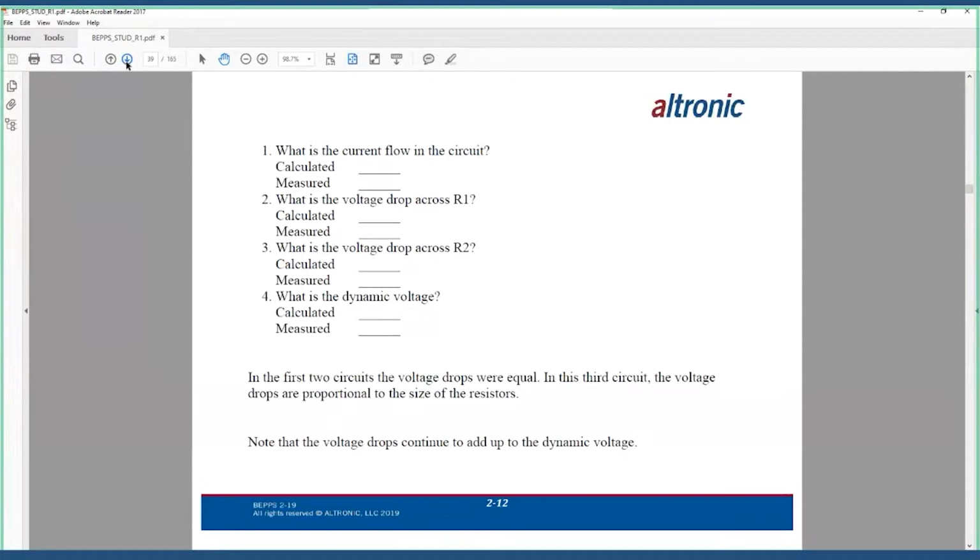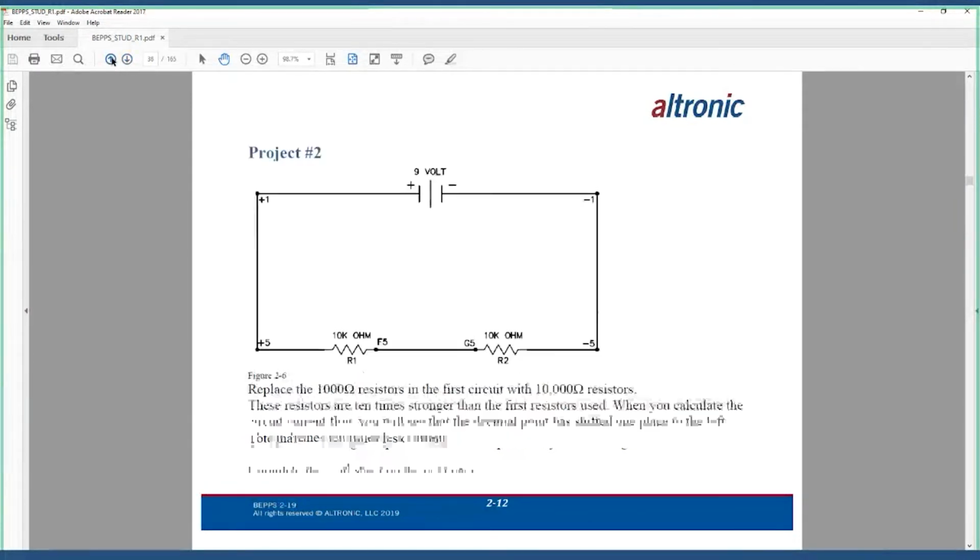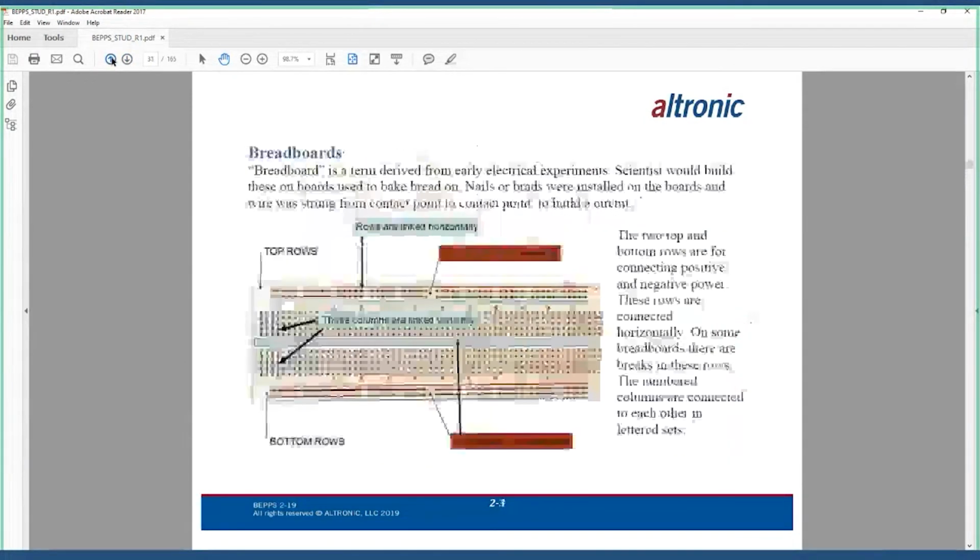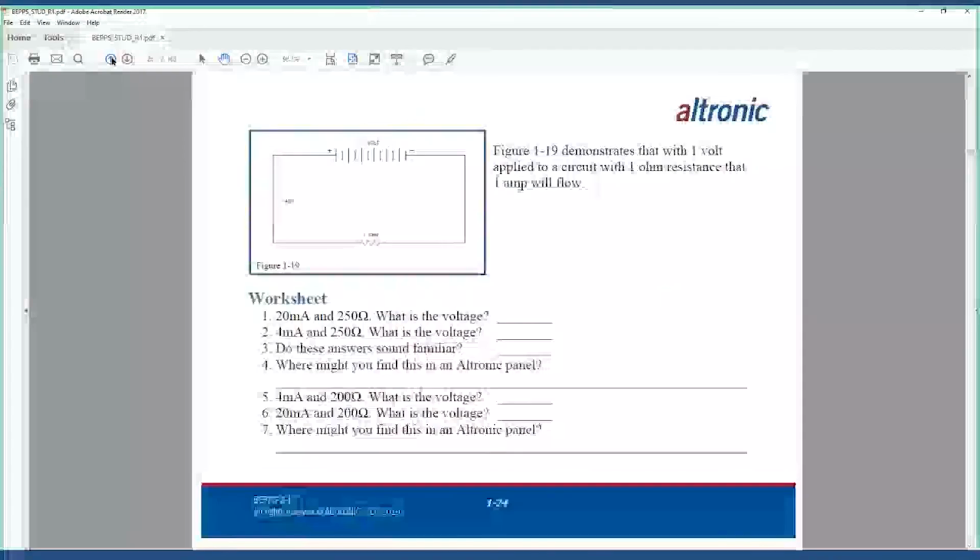So we have 2 resistors, a 1,000 ohm resistor, and a 10,000 ohm resistor. So again, to double check that math formula, what we're going to do is go backwards. And I apologize for going backwards and forwards, but I think this is worthwhile to work out.